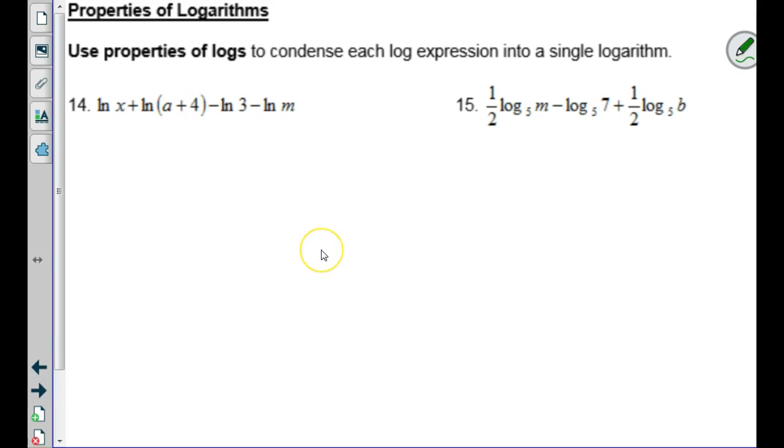Now this section, can't use your calculator. We're supposed to condense. How do we condense these? Right, ln once. Then what? Okay.